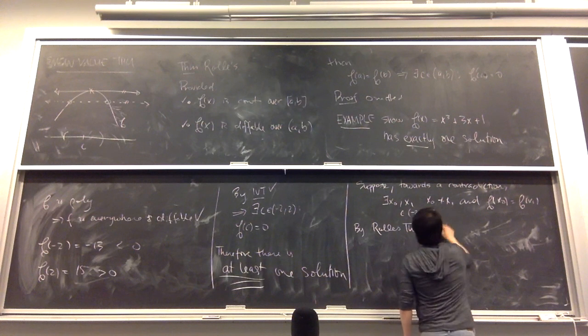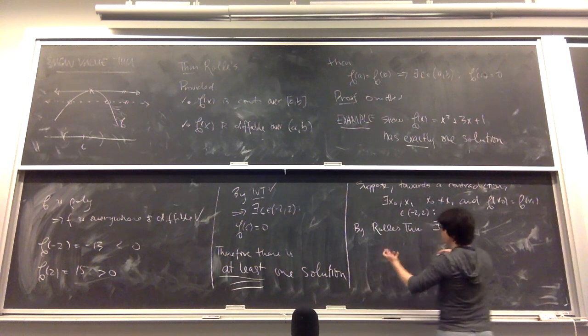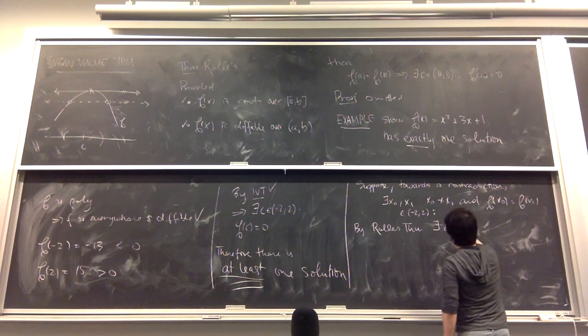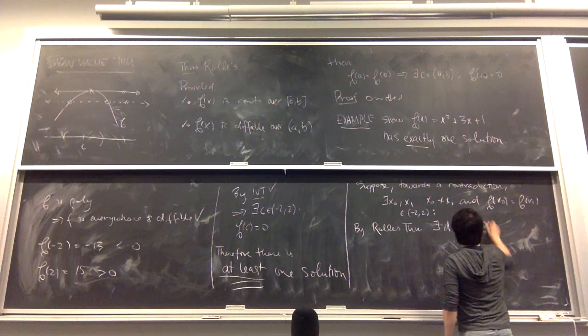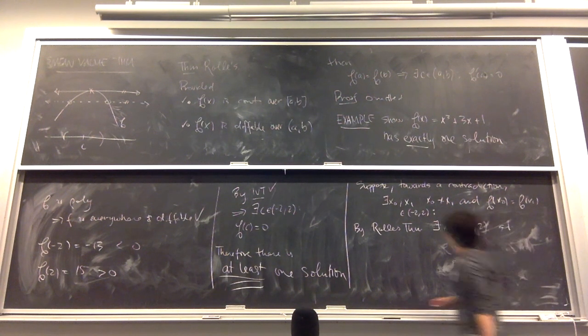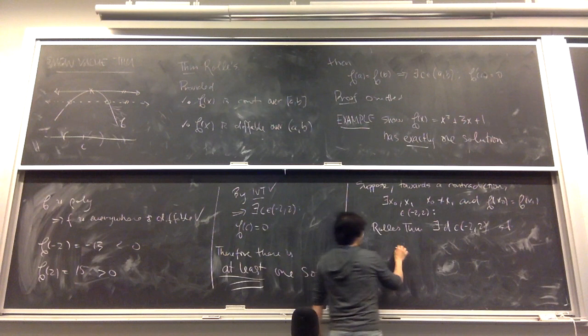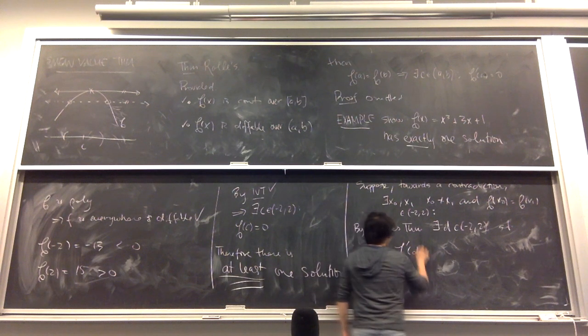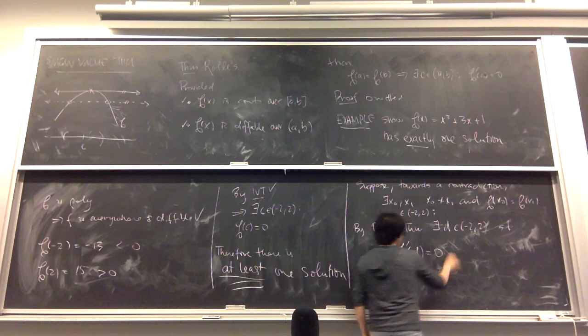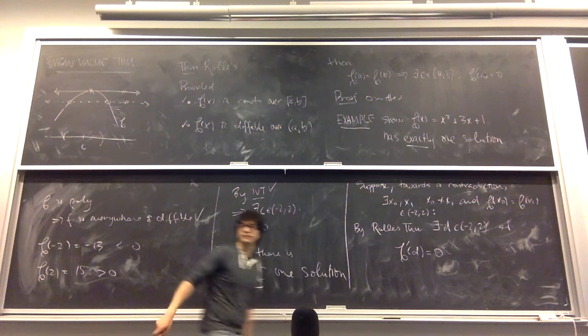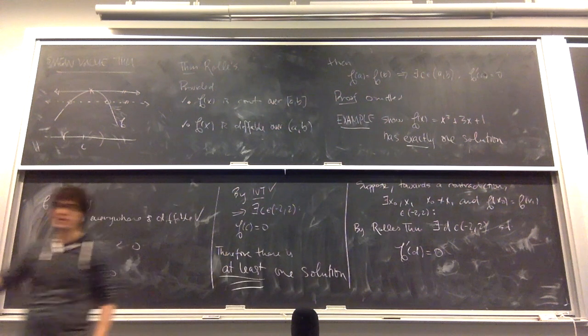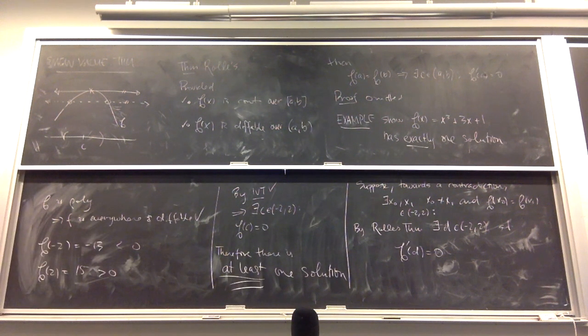there is a number, I can't use c, I've used it already, so let me use d, in (-2, 2) such that f prime of d is equal to 0. Agree? That's what Rolle's theorem guarantees.